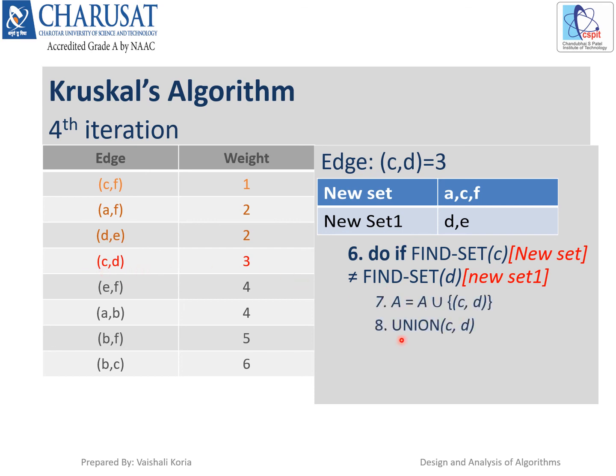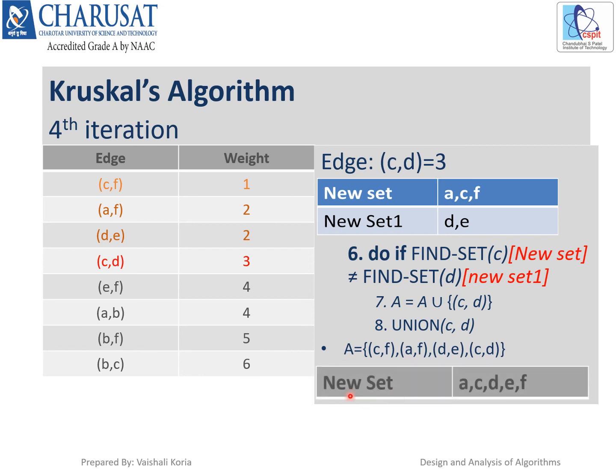Now if we call the union operation on C and D, what happens? These two sets will be merged and replaced by a new set. So a new set will be formed, and now this set contains A, C, D, E, F. All these 5 elements or vertices are added to the new set.